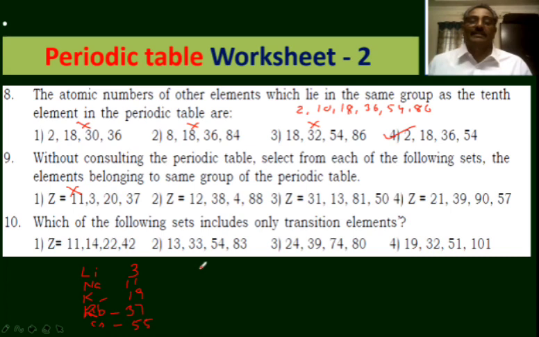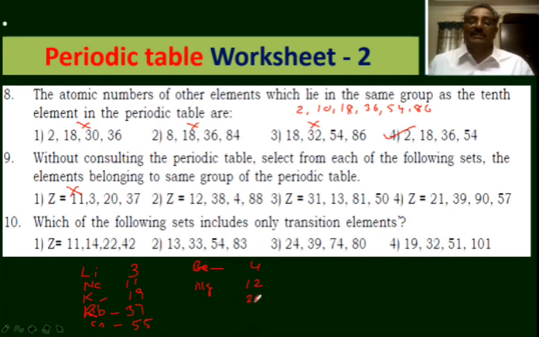Here, the minimum atomic number is 4. That is the atomic number of beryllium. We get the atomic number of the next element by adding 8. 4 plus 8, 12. That will be magnesium. The atomic number of the next element is obtained by adding one more 8.